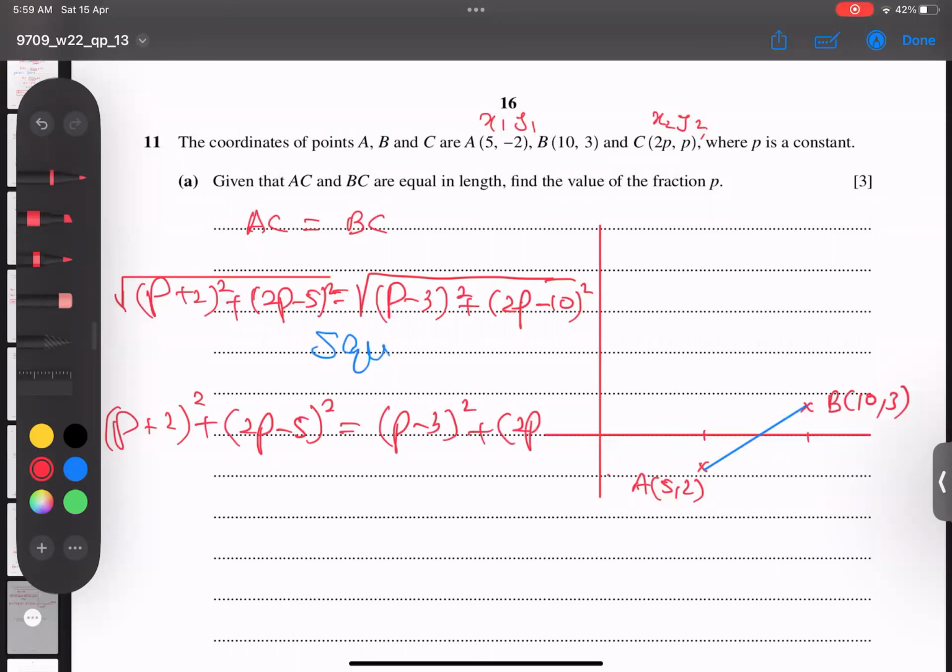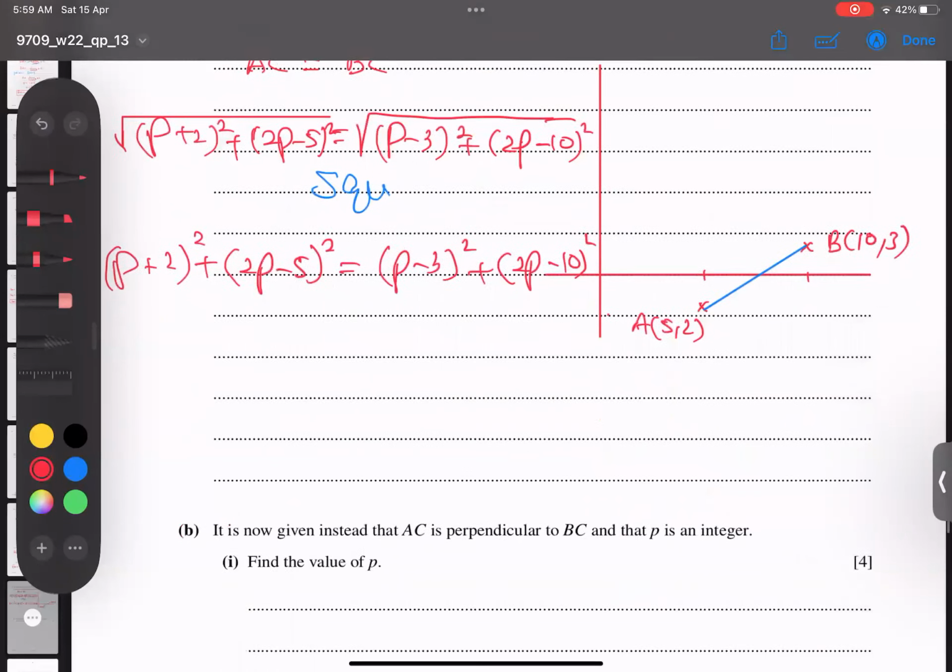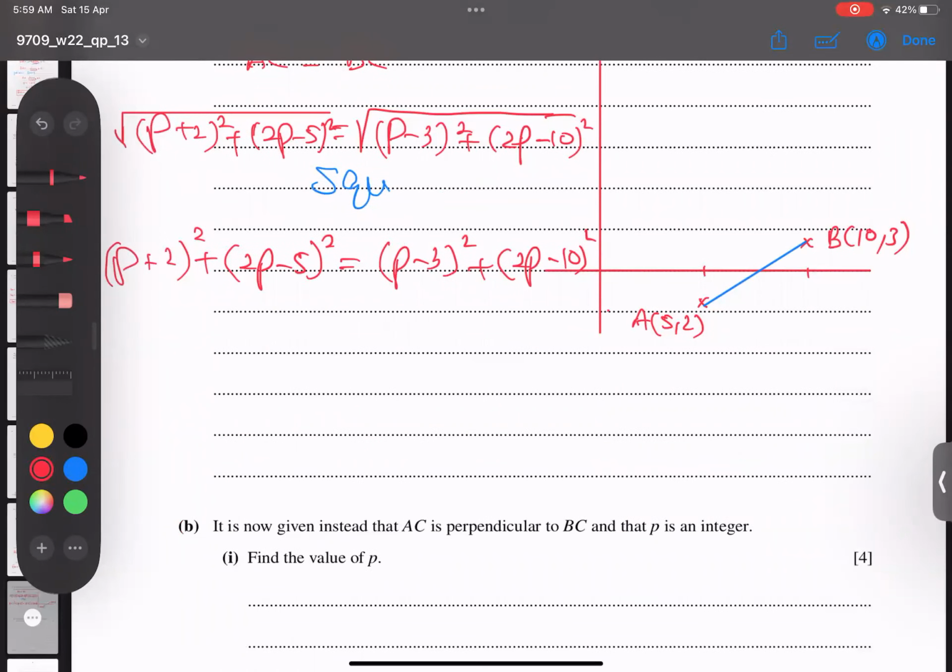I hope you are not getting any big trouble. Now expand it. I'm saving my time. First term square plus 2 into first term, second term: 2 into 2, 4 into p, 4p, plus second term square. Now I'm doing shortcuts. The first term square becomes 4p to power 2, and 2 into 2p into 5, 4 fives are 20, so 20p.